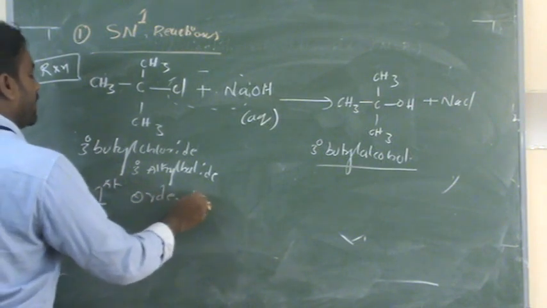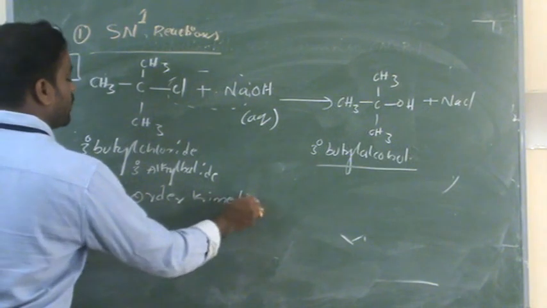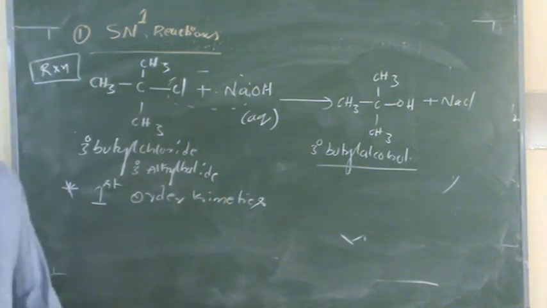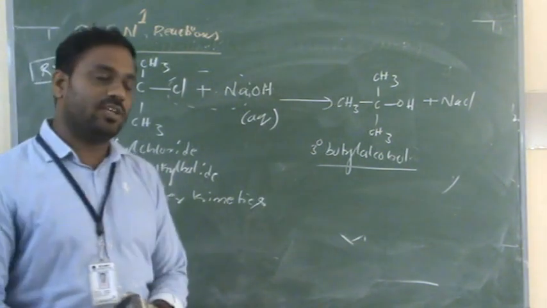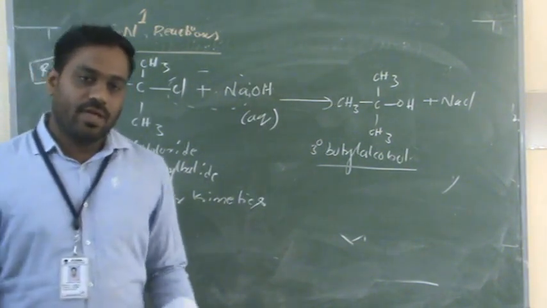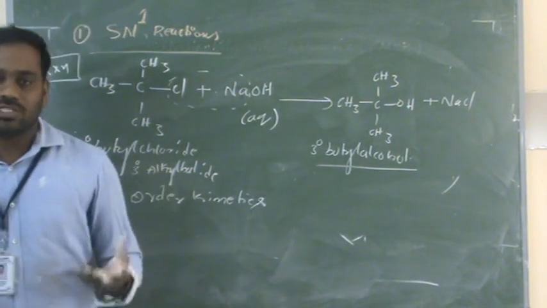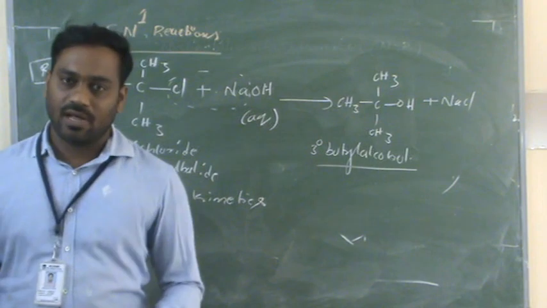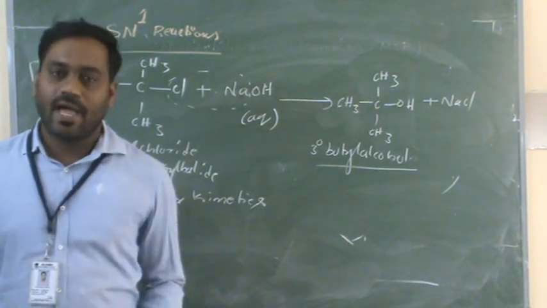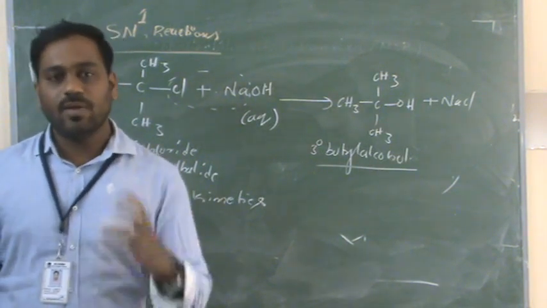First order kinetics. In second PUC we have the chemical kinetics chapter in physical chemistry. In that chapter there are many types of reactions: zero order, first order, second order, and higher order kinetic reactions. What is the meaning of kinetics?